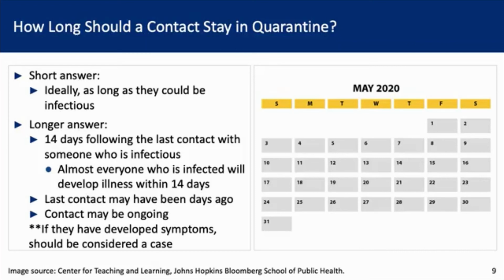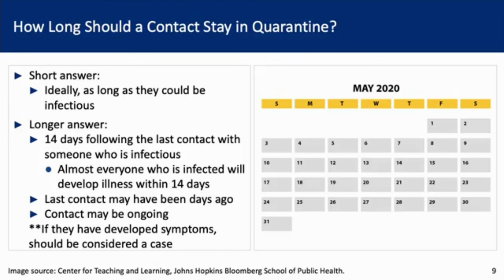However, by the time that you're having a conversation with the contact, their contact with the case may have been days ago. So you'll need to figure out how much time they should quarantine from the time you talk to them. And in other examples, the contact may be ongoing. So for example, they live with the case, they live with someone who's infectious. So that will require some additional calculations.